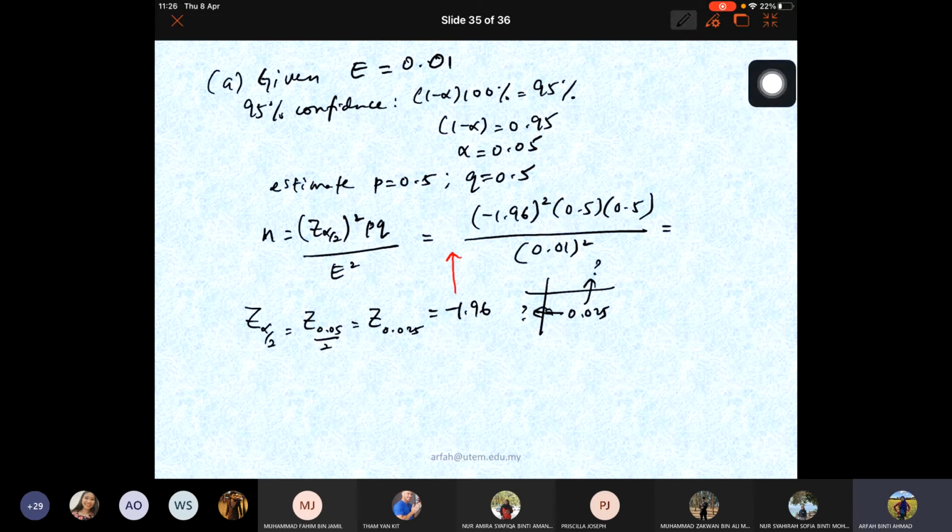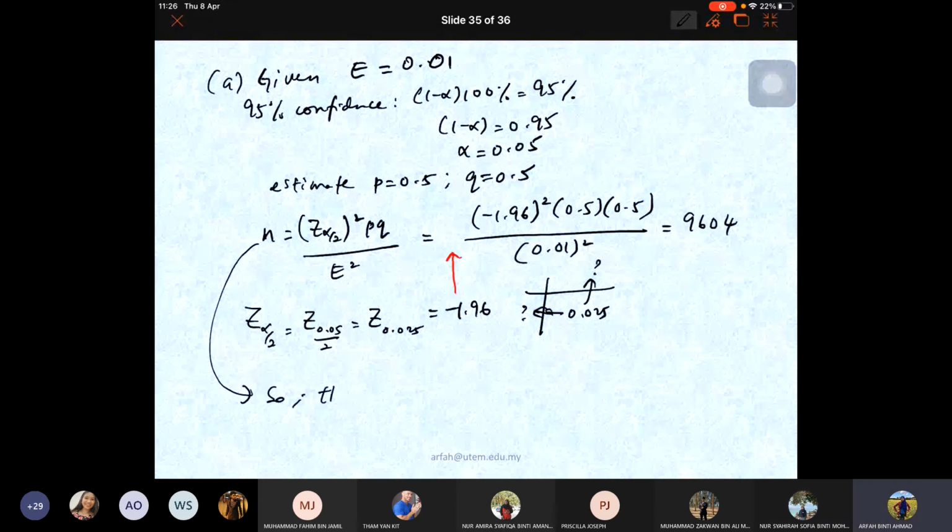Kira this one? 9604. 9604. Okay. So the sample size is 9604. So should be no problem to take this one sebab dia memang dapat terus dapat nombor bulat. So boleh ambil 9604. So yang dah sudah cuba buat soalan B.